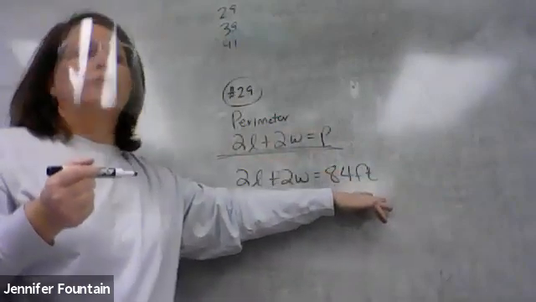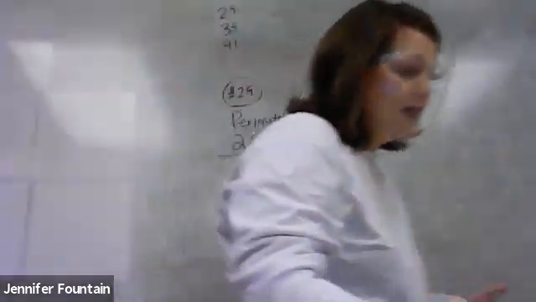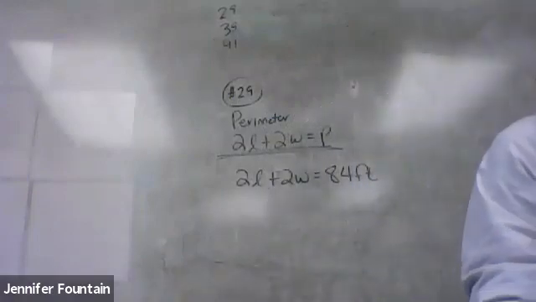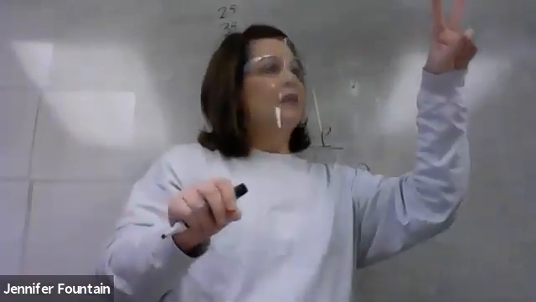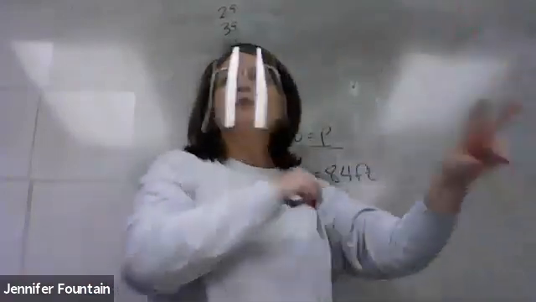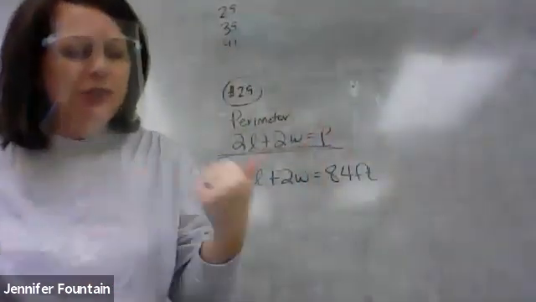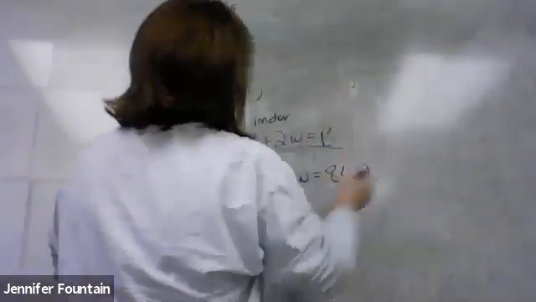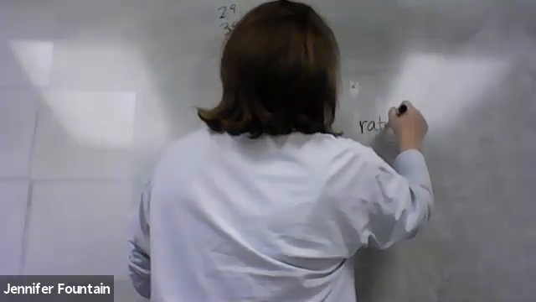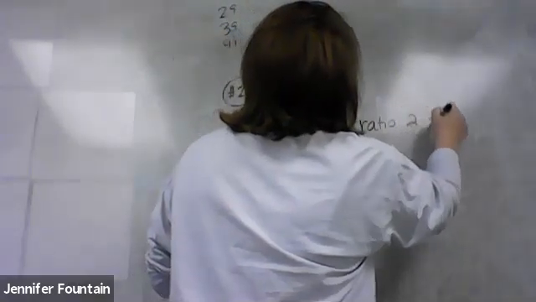Remember, if I start with my original equation and plug in information that I know, I know that my total perimeter is 84 feet. And I know that I'm going to have 2 widths and 2 lengths. Now, one of the things I've got to pay attention to is my ratio. They said my ratio is 2 to 5.